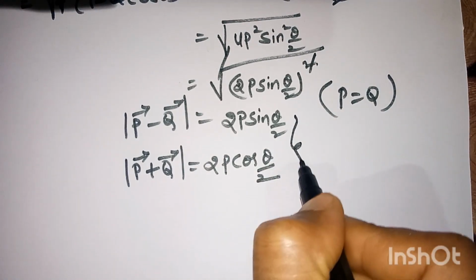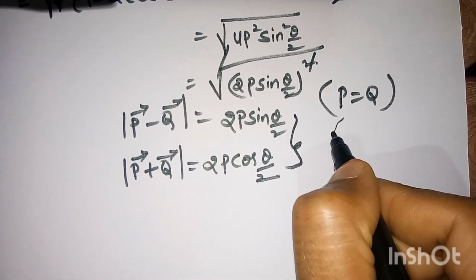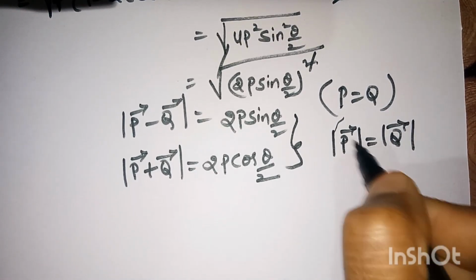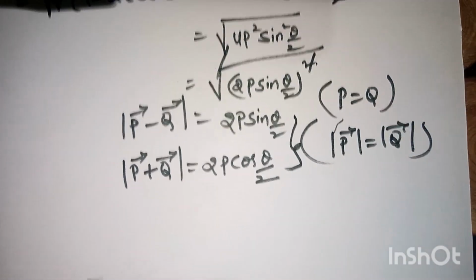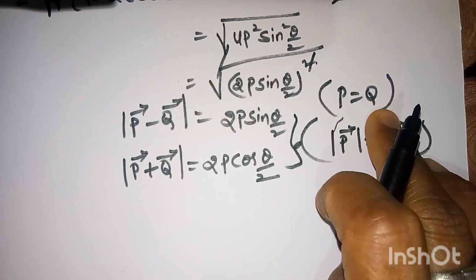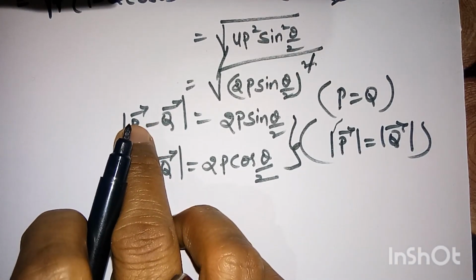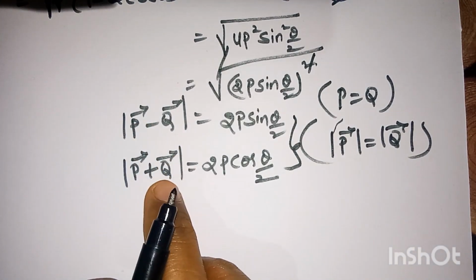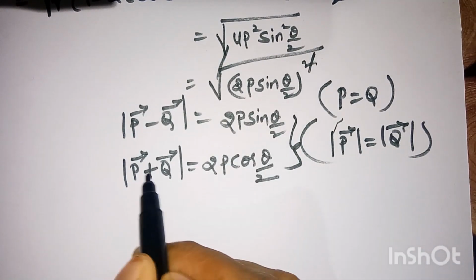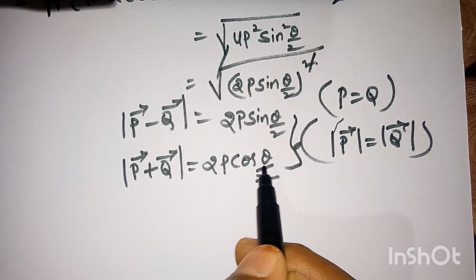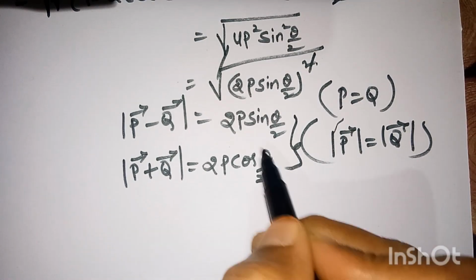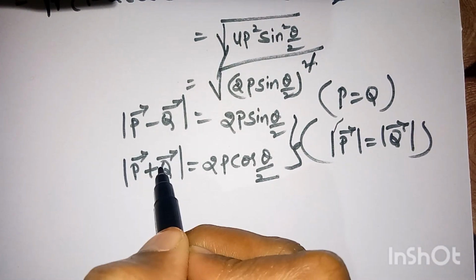These formulas are used only when the magnitudes of the two vectors are equal, that is p equals q. Then the difference is 2p sin theta by 2 and the sum is 2p cos theta by 2. If you substitute the theta value, you get these values.